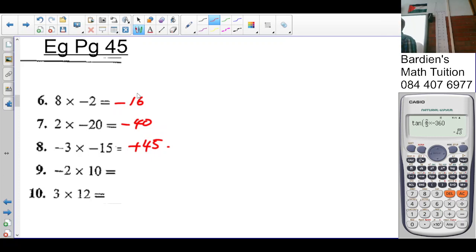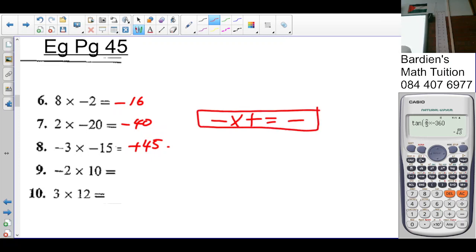If no sign, it is positive. What is negative times a positive? Negative. You understand? It's negative 20. What's your answer to number 10, Michael?